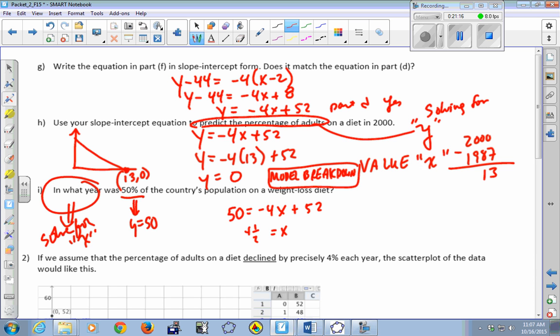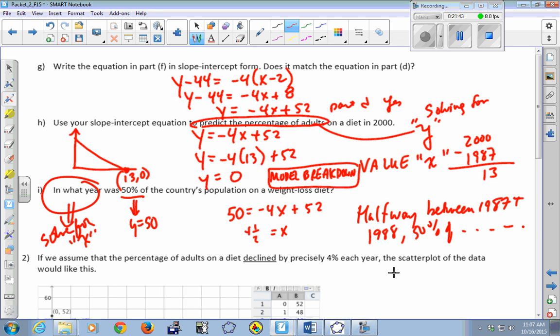When we do the algebra, we subtract 52 from both sides and divide both sides by -4, and we get 1/2. So we would answer this by saying halfway between 1987 and 1988, 50% of our population was on a weight loss diet. Okay, so you can fill that in later.